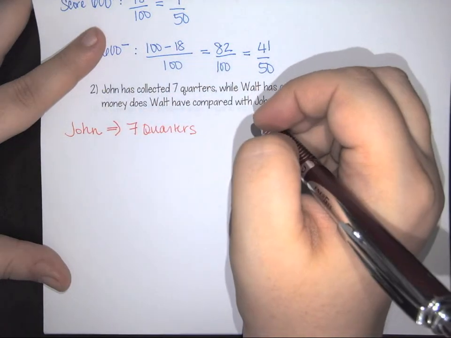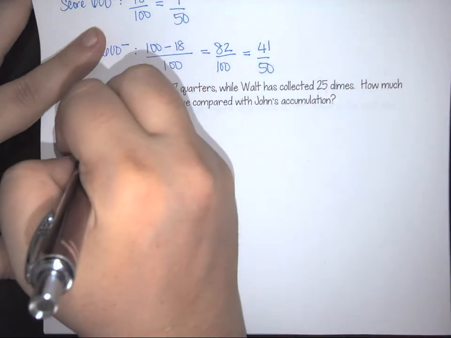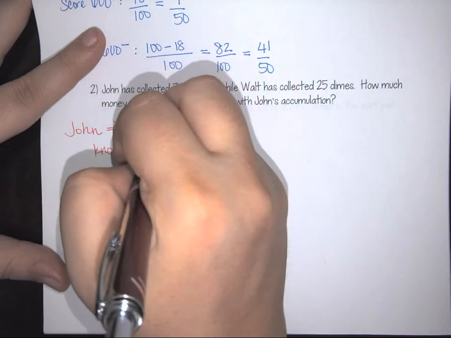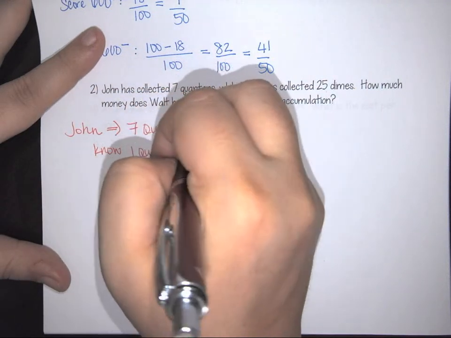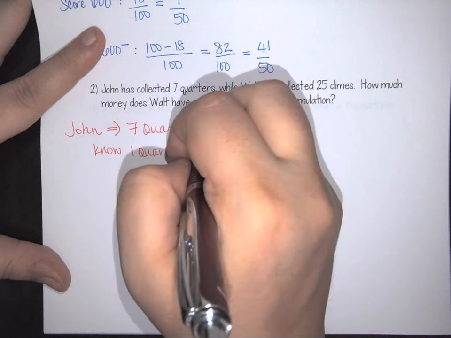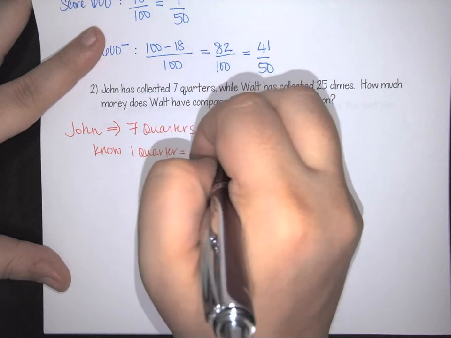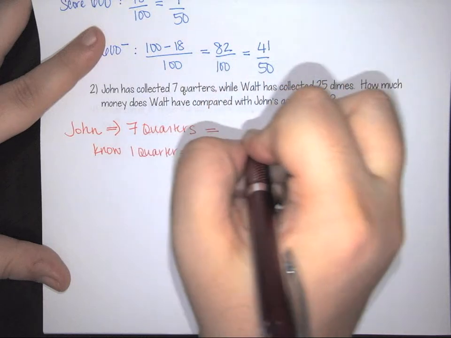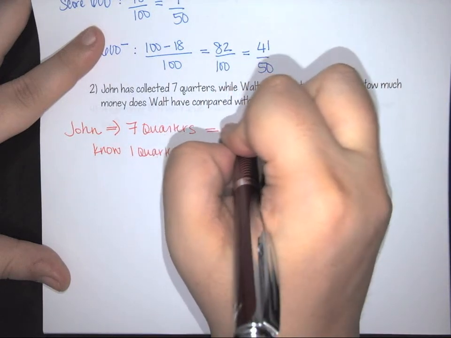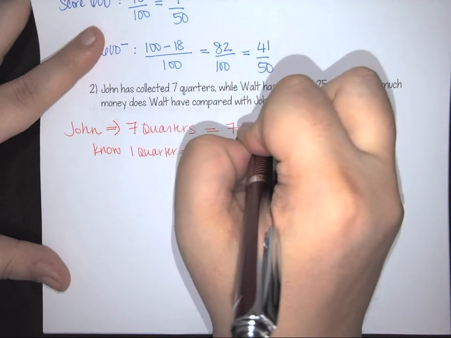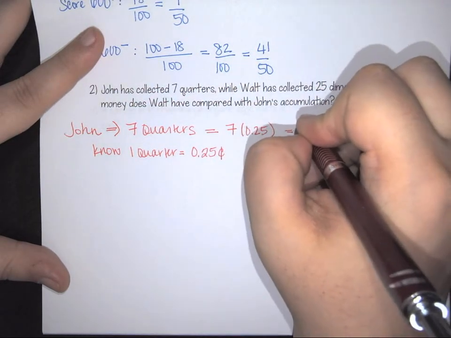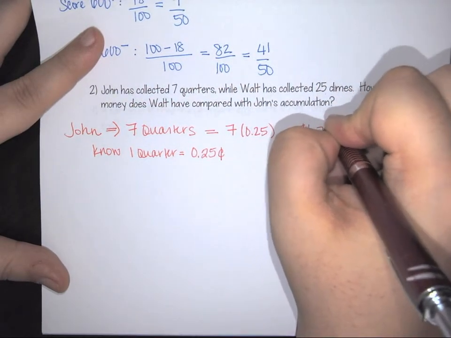We know 1 quarter equals 25 cents. So therefore, John's amount is going to be 7 quarters times 25 cents per quarter, which is going to give you $1.75.